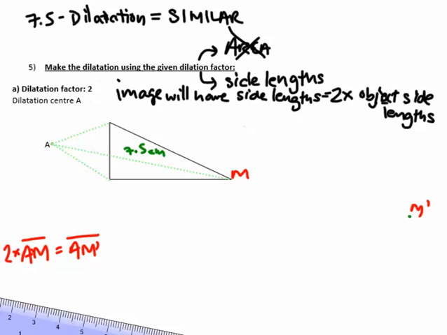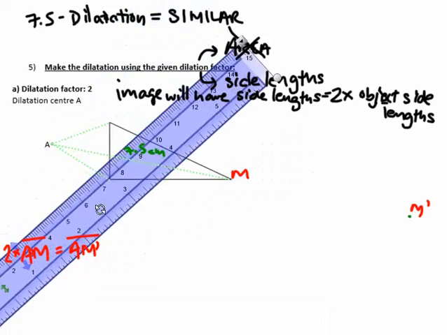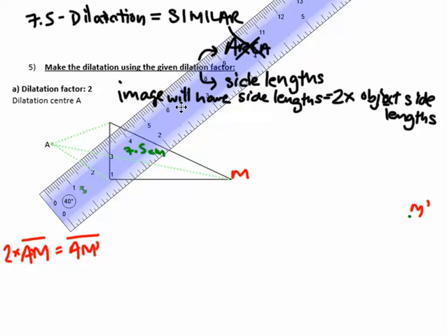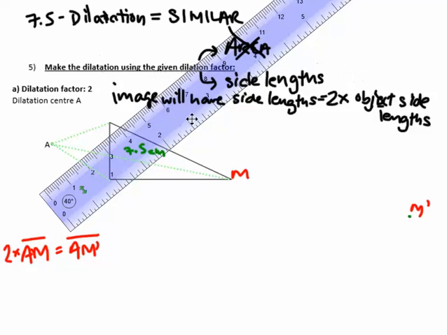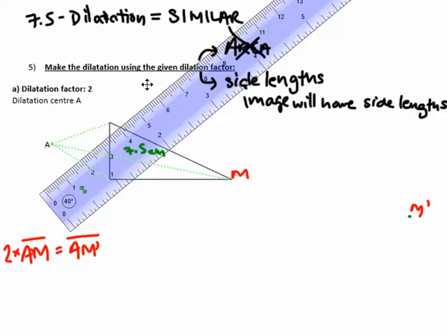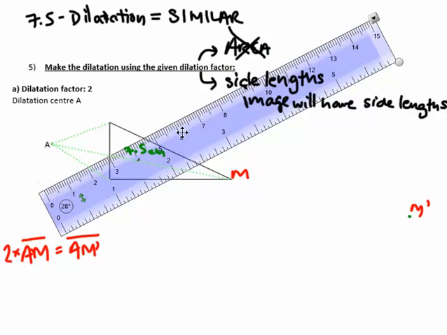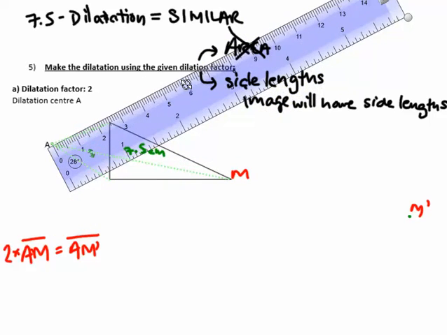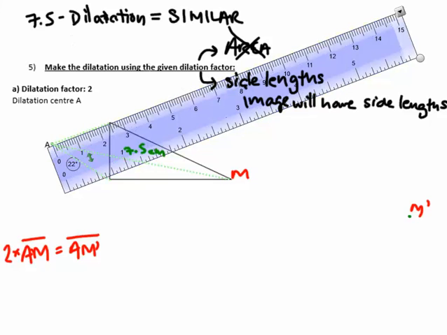So now I'm going to continue on with the rest of them and measure those. Let's move this out of the way for a second, and let's measure this length. So that's 2.5 centimeters. So that means the new one will be at 5 centimeters. Let's just choose green.